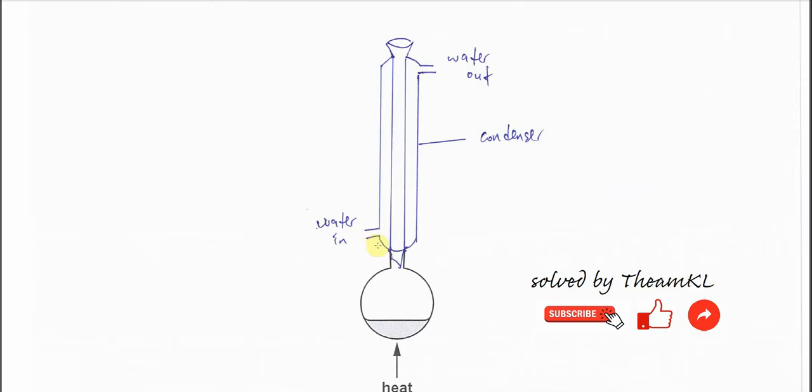Why? Because we need to make sure the water enters the lower part and fills up the whole condenser. Then when the reaction mixture boils, the hot gases going up meet the fully water-covered condenser, so they condense and drop back. That's why the water in direction must be at the bottom.